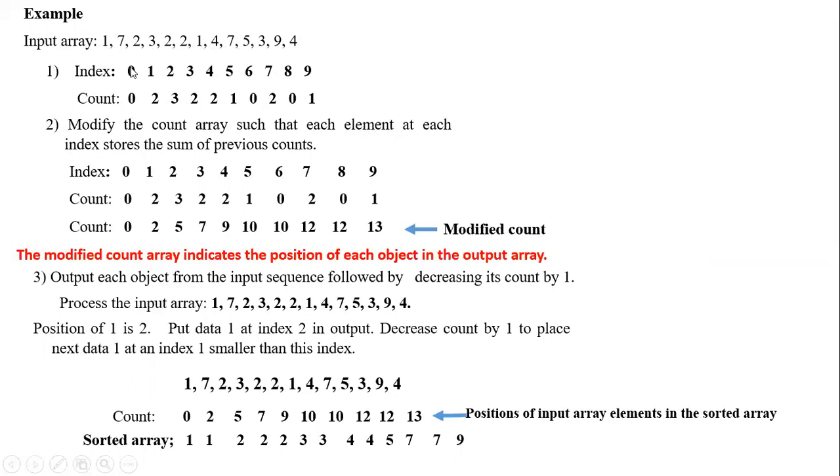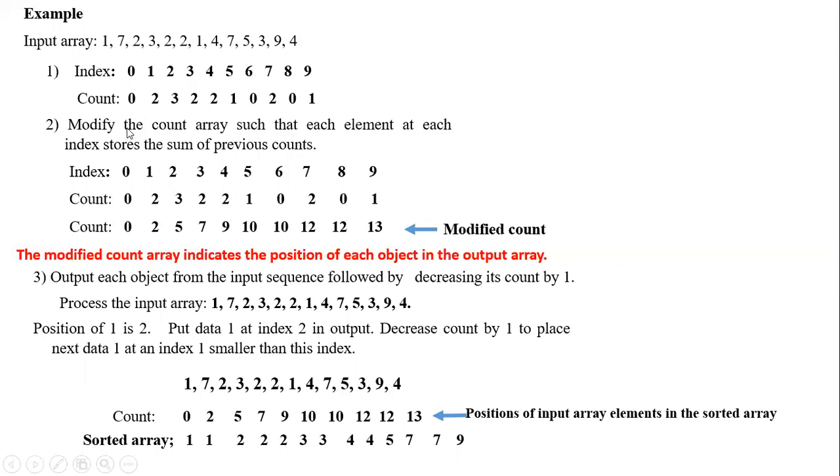For example, 0 is not in the input array, so its count is 0. 1 is repeated 2 times, so its count is 2. 2 is repeated 3 times, so its count is 3. 3 is repeated 2 times. 4 is repeated 2 times. 5 is repeated one time. 6 is 0 times, etc.